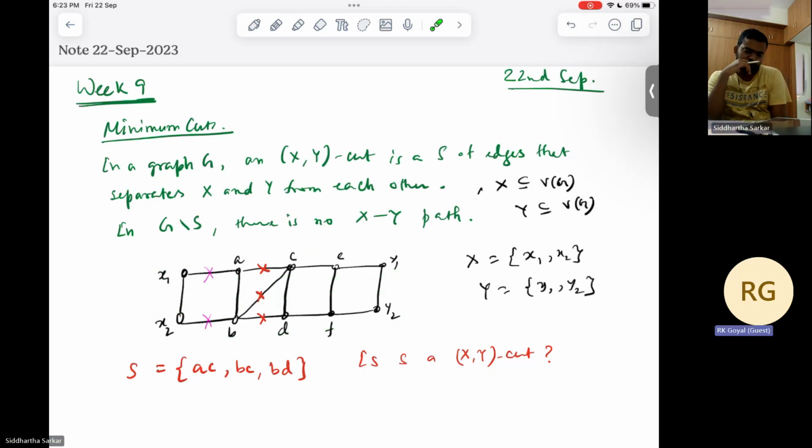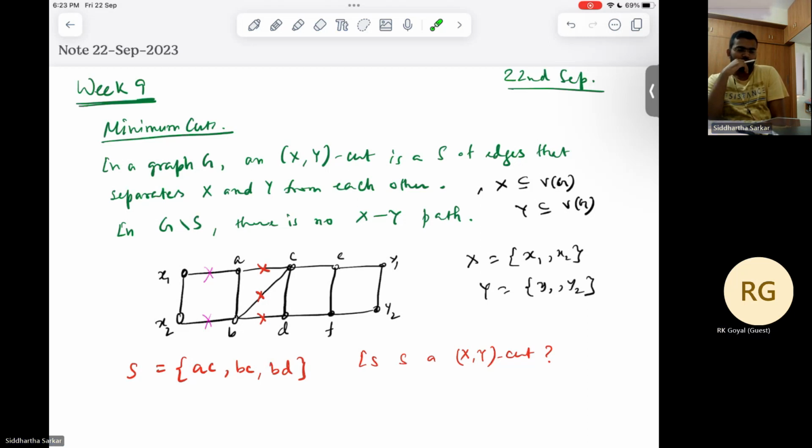Yes, and there is a theorem for this: the minimum number of edges required to be removed to disconnect the two sets is equal to the maximum number of disjoint paths. That is called the max flow min cut theorem.